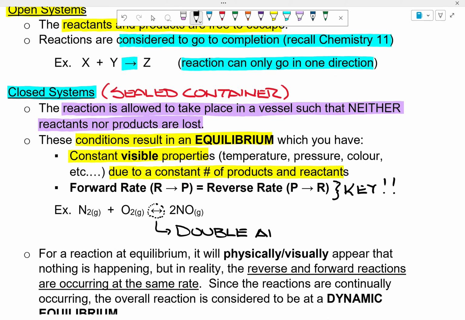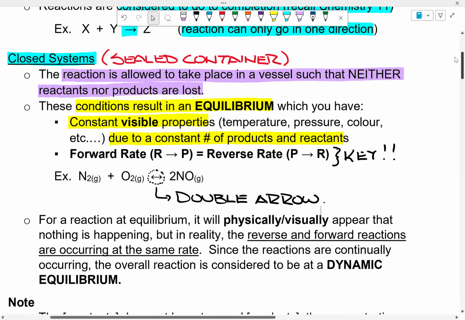And what this double arrow does is that it indicates that the reactants can go to products and products can go back to reactants.